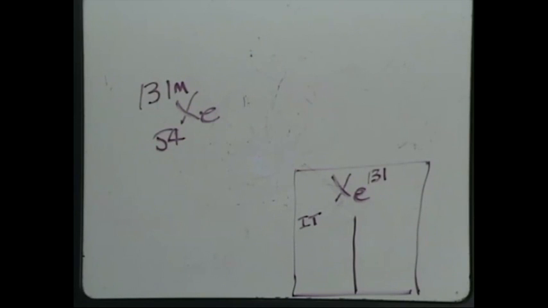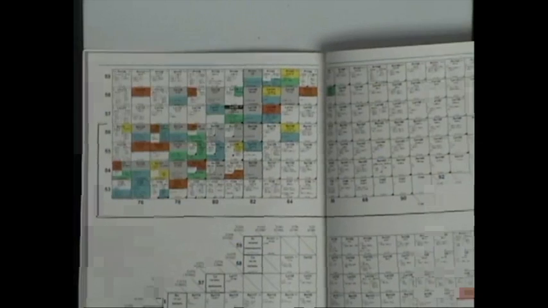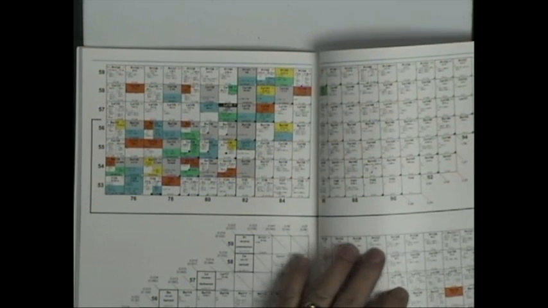Let's see if I can get it on here, and it'll be a little easier to see maybe. The Z is 54, and so I'll find that on my chart of nuclides, find the isotope 131, and as it turns out, the isotope for xenon on the right-hand side is stable. Let's see if I can zoom in on this thing.